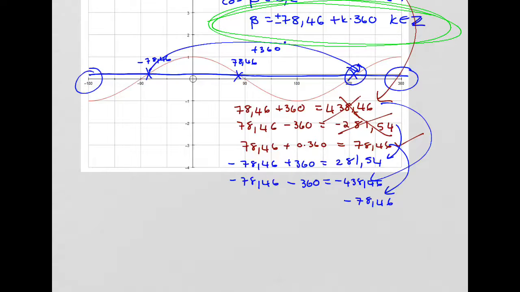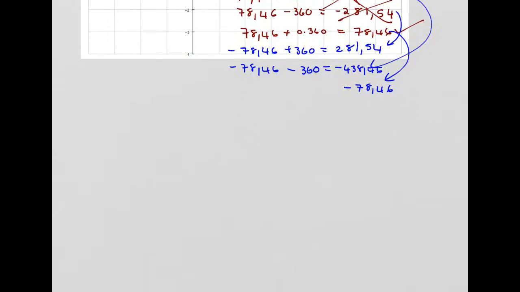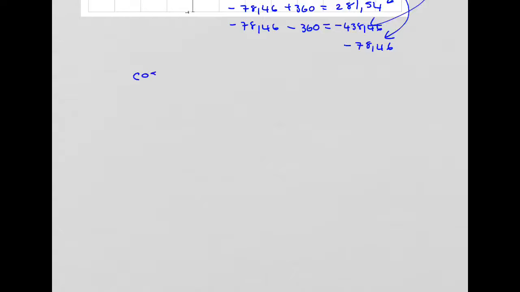So you work with no hops, one hop of 360 forwards, one hop of 360 backwards, and then if you have to go again, you would add 720 in total, or subtract 720 for 2 hops, 3 hops, 4 hops, etc. So what's the point of this question? Your actual working out will just be cos beta equals 0,2.